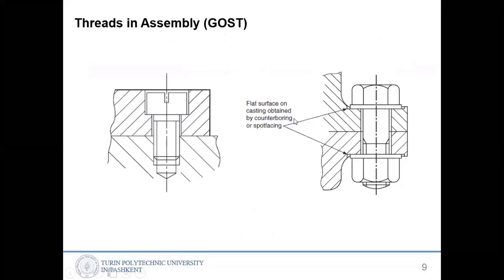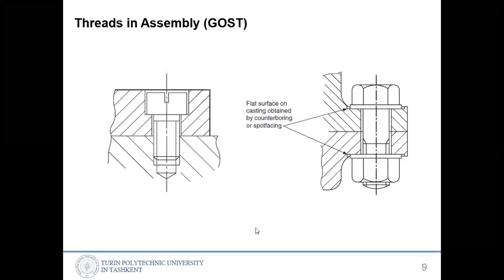In assemblies, as we told you, the bolts, nuts, and screws we use to join parts together can be a temporary joint or a permanent joint.